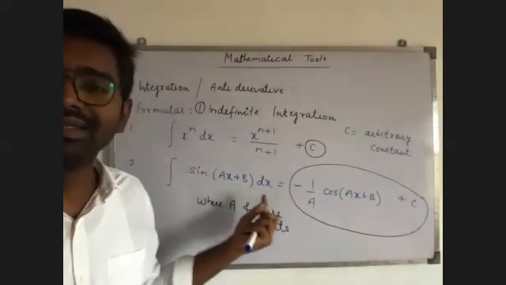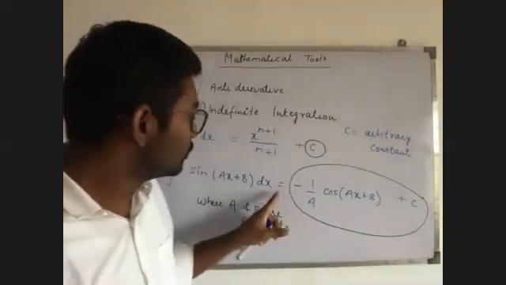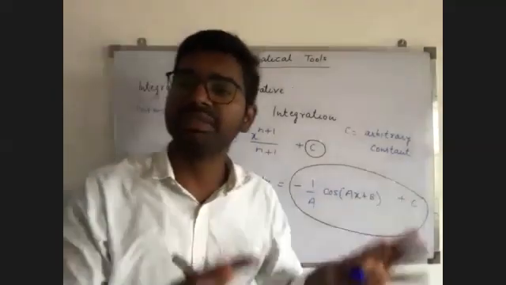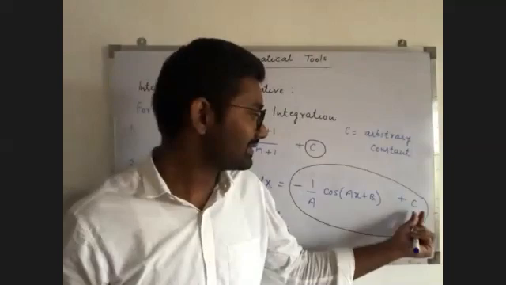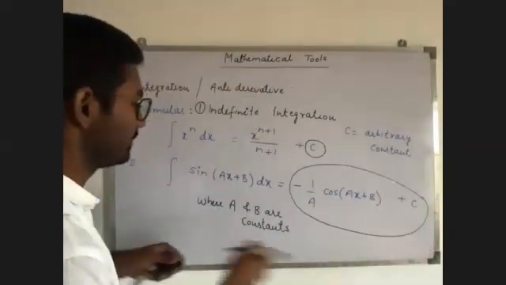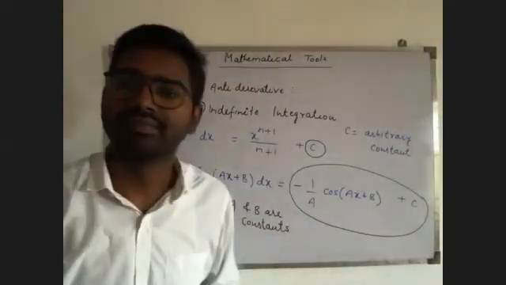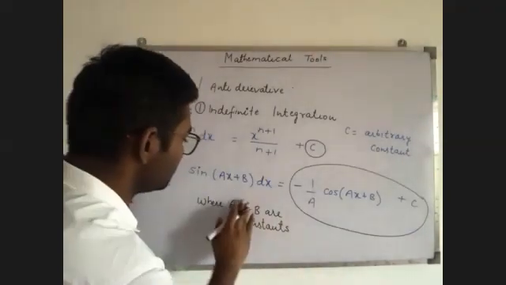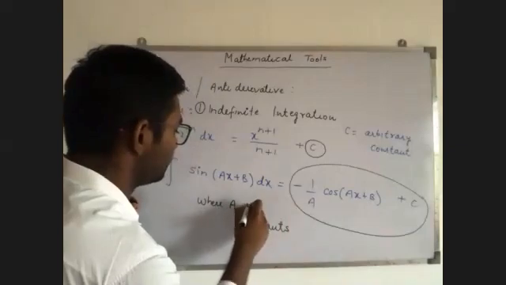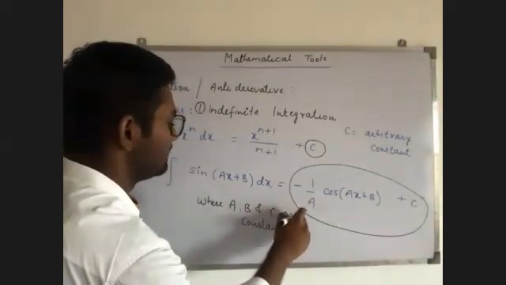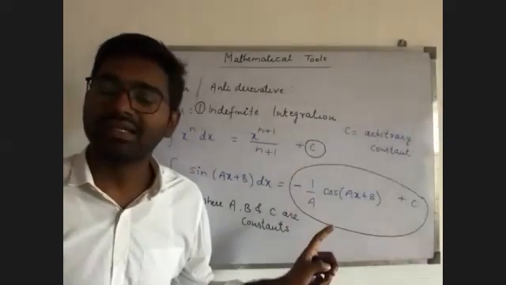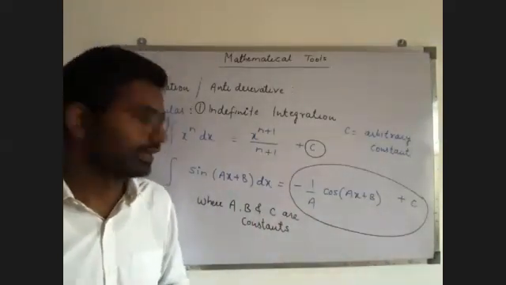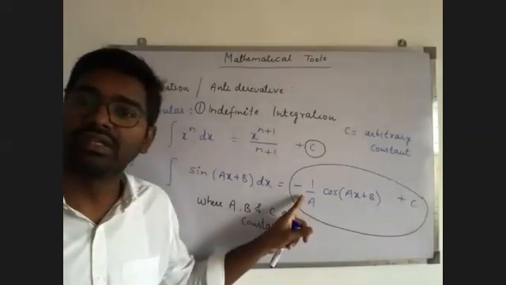If you want to integrate this function, you will get minus 1 by a cos ax plus b plus c, where c is arbitrary constant, a and b are constants. Did you get it? A, B and C are constants. Is it clear? This is the formula you need to remember. The minus will also be there.